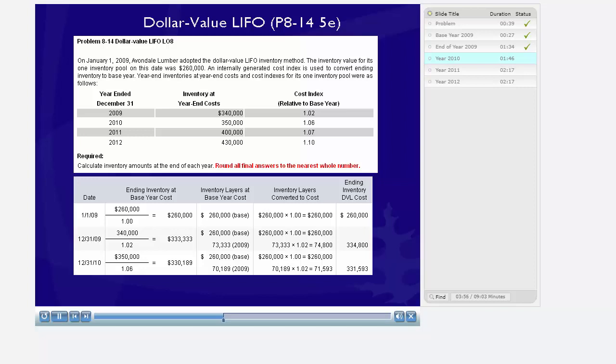Then we multiply across 260,000 times 1 for the first original layer, then the second layer becomes the $70,189 layer we just calculated, times last year's cost index of 1.02. So it becomes $71,593, and our ending inventory using dollar value LIFO cost is $331,593.